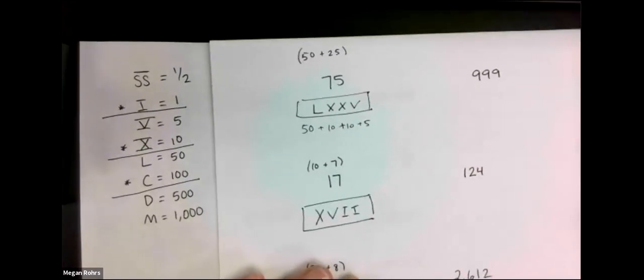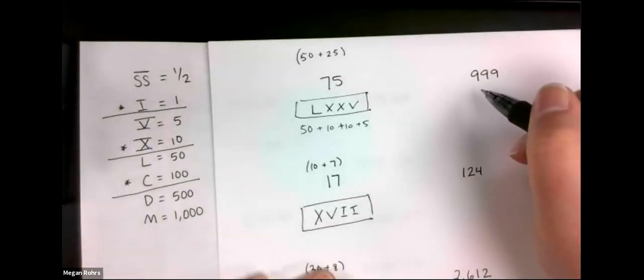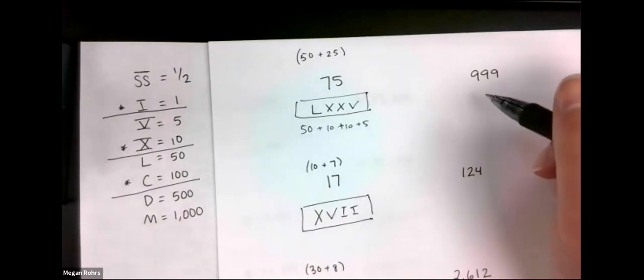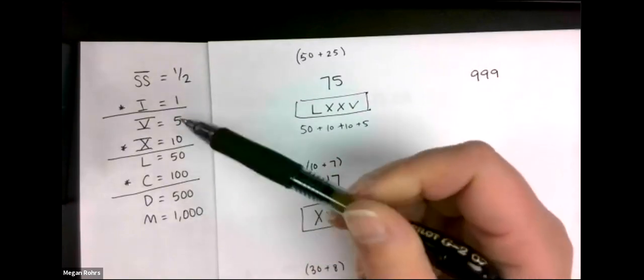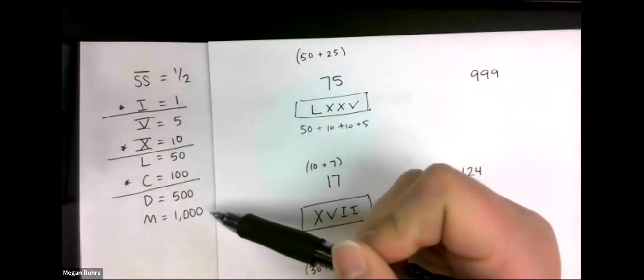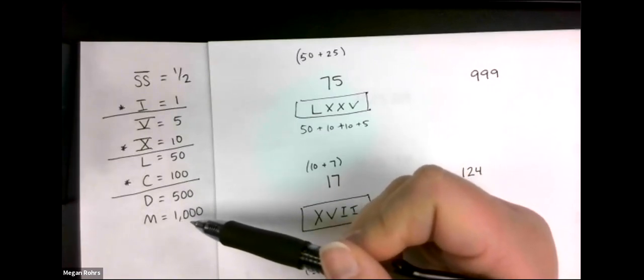All right, so now let's look at 999. Now this is a big one, so look and see which numeral would be the closest. Well, 1,000 is only 1 away from 999.